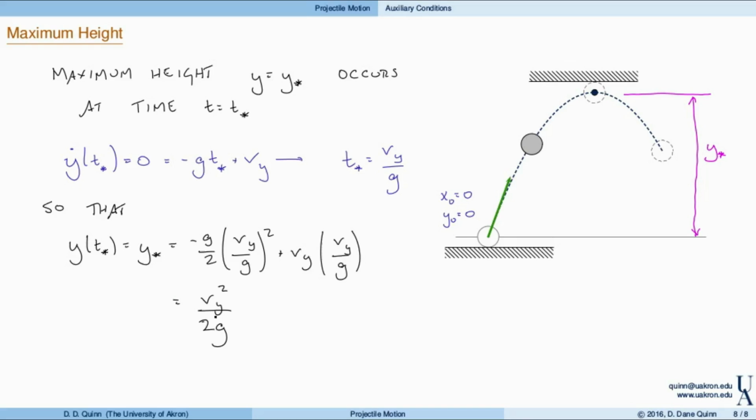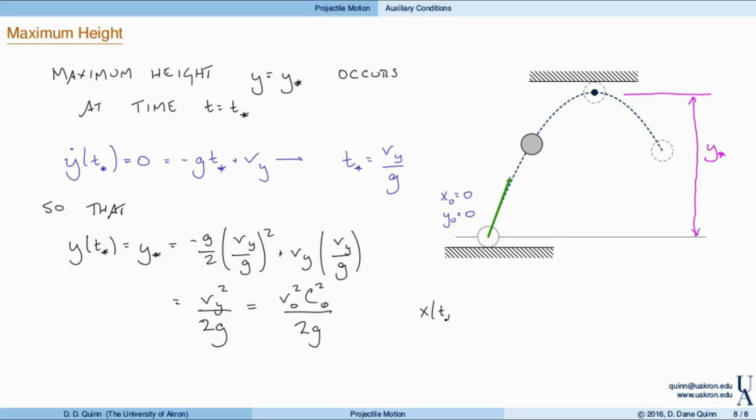So this becomes the maximum height in terms of the velocity in the j direction. In terms of the magnitude and direction of the initial velocity, this becomes v naught squared sine theta squared divided by 2g. And then, likewise, we can find the horizontal displacement.